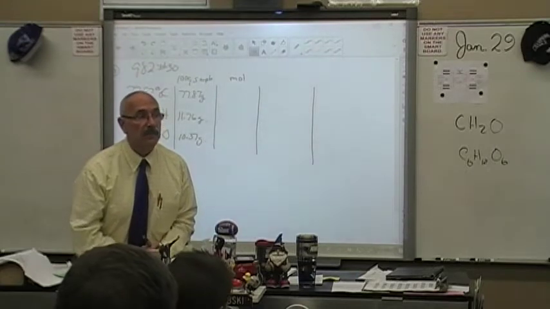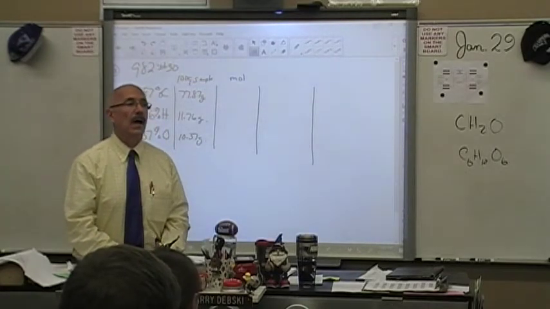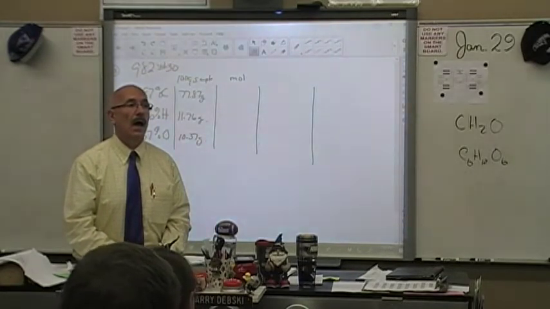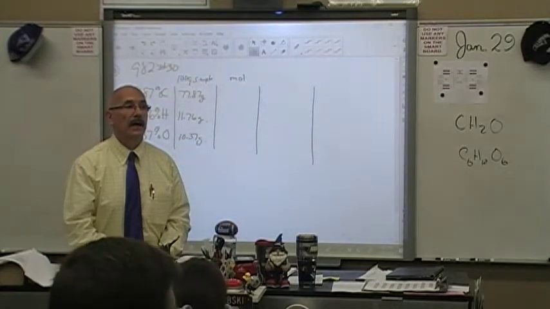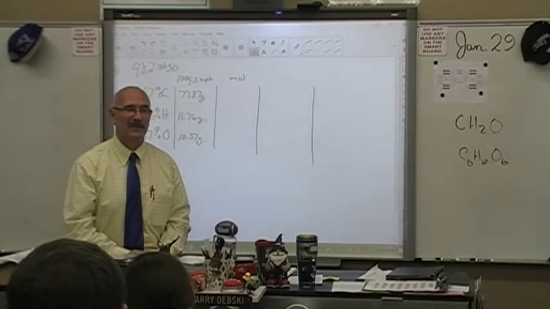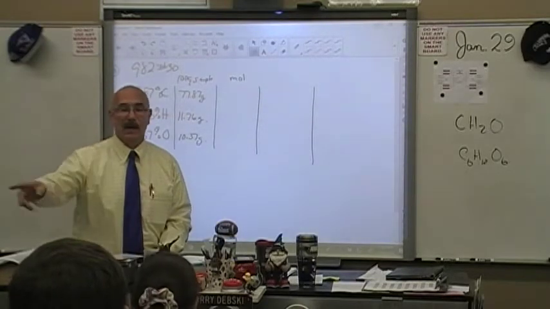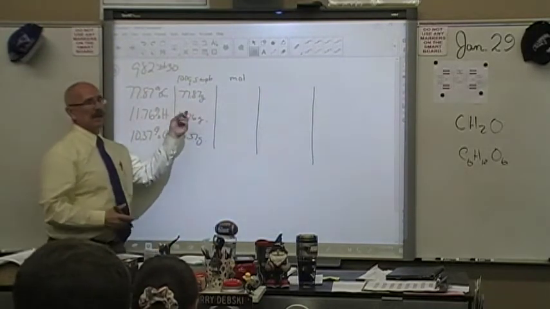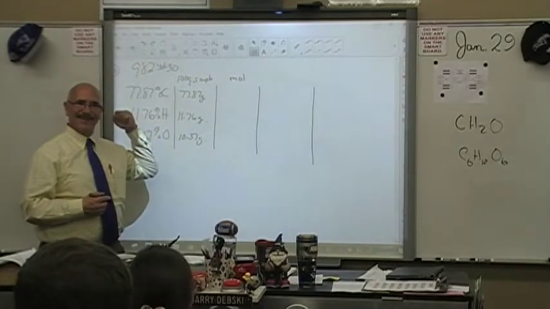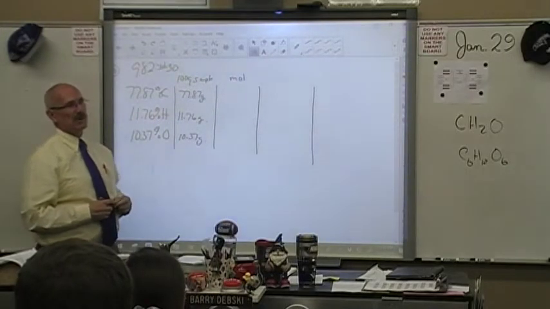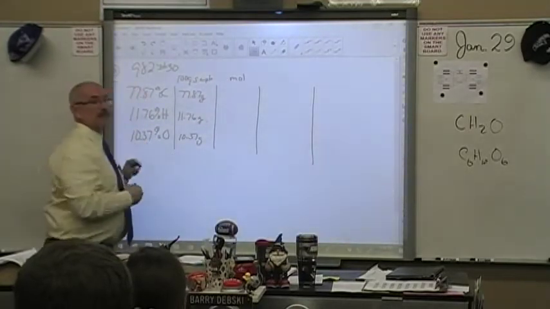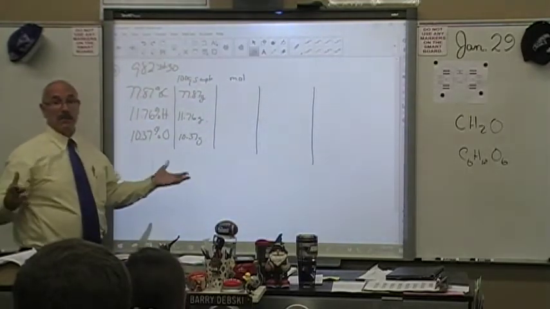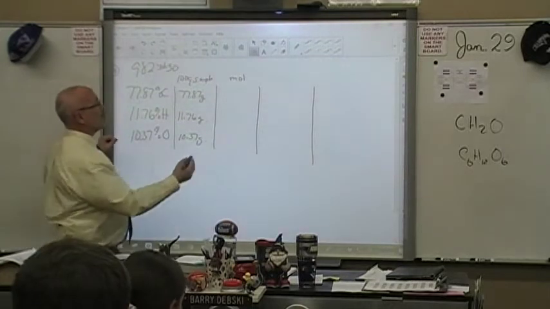To change from grams to moles, we need to use a conversion factor called the, Emily? No, not that one. Definitely don't use that one. JP says molar mass. Okay, well, molar mass changes mass to moles, okay? Molar mass changes mass to moles, and it's in grams per mole. So, here, carbon, hydrogen, oxygen. Does everybody see, by the way, how many different things carbon, hydrogen, oxygen do? You're starting to get an inkling about that.